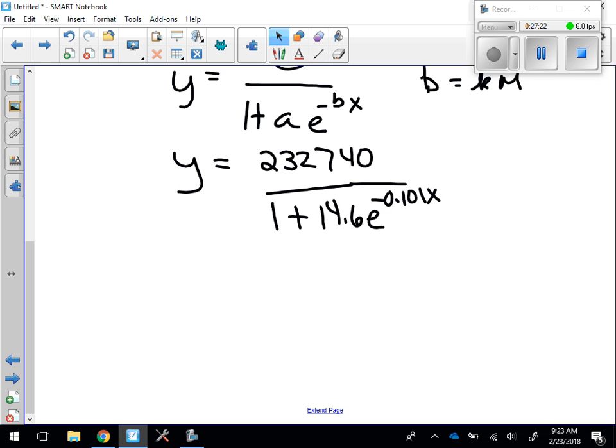Okay, window. 0 to 60, 10. Oh, but I'm going to start with 10,000. All right, so I got my points, and then I'm just going to have to do this old school.